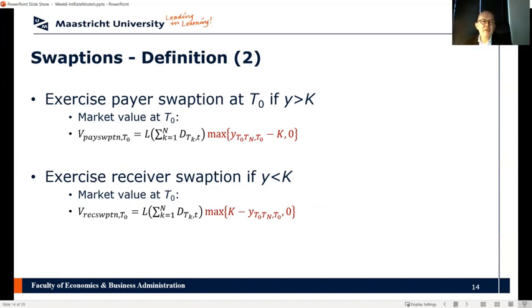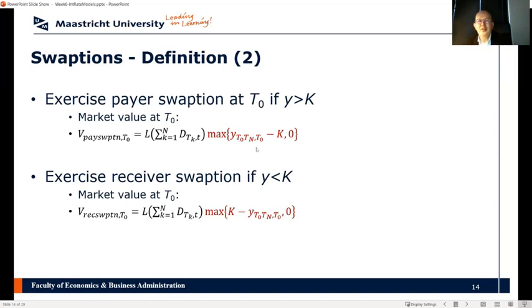It is the amount of money, the notional L, times the sum of all the discount factors that represents all the fixed payments that I'm going to make. And then I'm going to use this formula Y minus K. But since I have an option, I can exercise this only if Y is larger than K, and then I will pick up the positive part of Y minus K. And this red part is the option type of payoff, and you may recognize this. This is like a call option on the par swap rate.